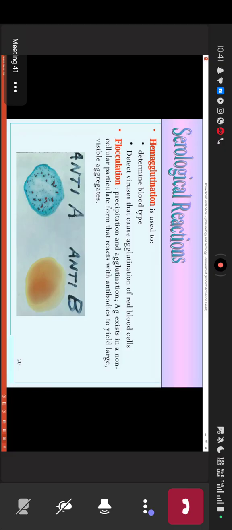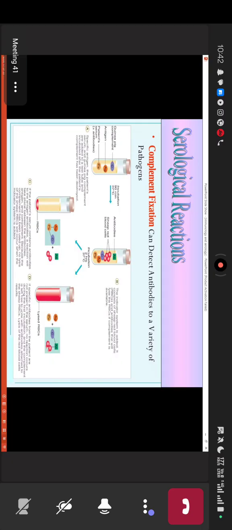So flocculation may occur in precipitation or in agglutination. The difference is that in flocculation, the antigen exists in particulate form and forms large aggregates, which are easily visualized by us, right?